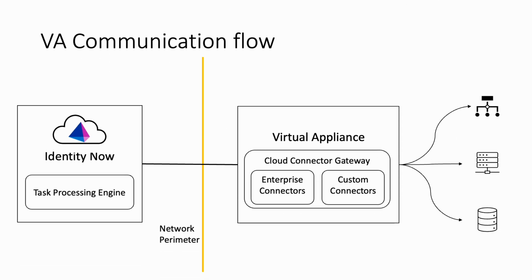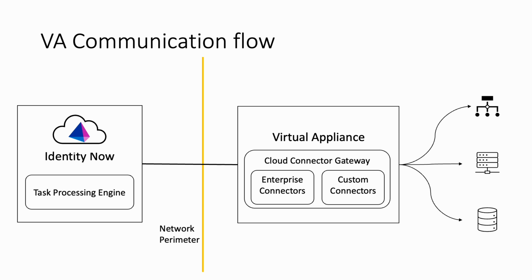VA communication flows. The VA is essential for facilitating data communication between your IdentityNow tenant and the source systems within your IT environment. Each VA regularly polls the cluster queue, which resides in the IdentityNow tenant, searching for any new task.